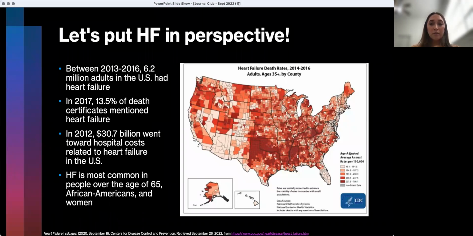And in 2012, $30.7 billion went toward hospital costs related to heart failure within the US. This would include costs from healthcare services, medicines to treat heart failure, and missed days of work. Heart failure is also common in people over the age of 65, African Americans, and women. Next slide, please.